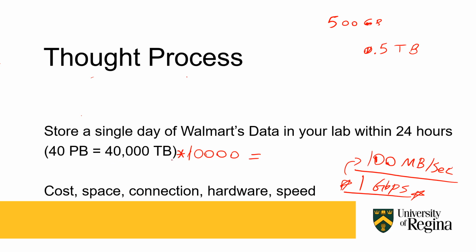So 40,000 terabytes times this, it's going to be 1, 2, 3, 4, 1, 2, 3, 4, 1, 2, 3, 4, 1, 2, 3, 4. That's going to take this number of seconds. Correct me if I'm wrong, but that's going to take this number of seconds to transfer this data.